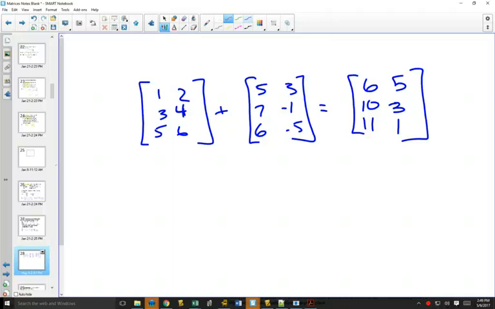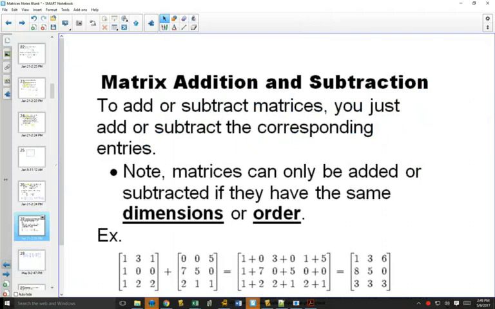Yes, that is matrix addition. You just take the corresponding spots and add them up. The hard part about the other way is I was just using the first one, ignoring the second one whatsoever. So yes, matrix addition, you just add or subtract the corresponding entries.